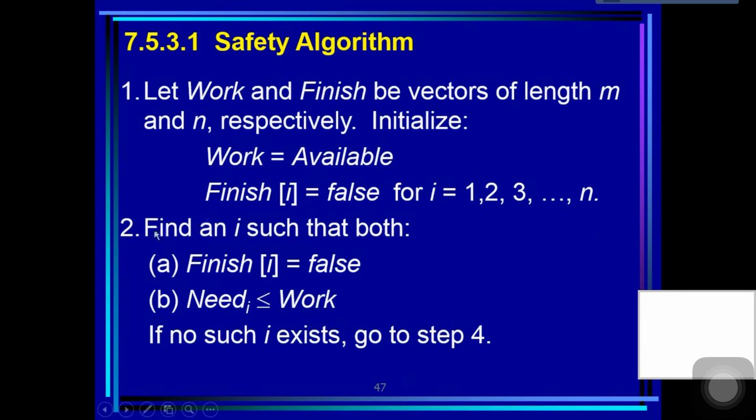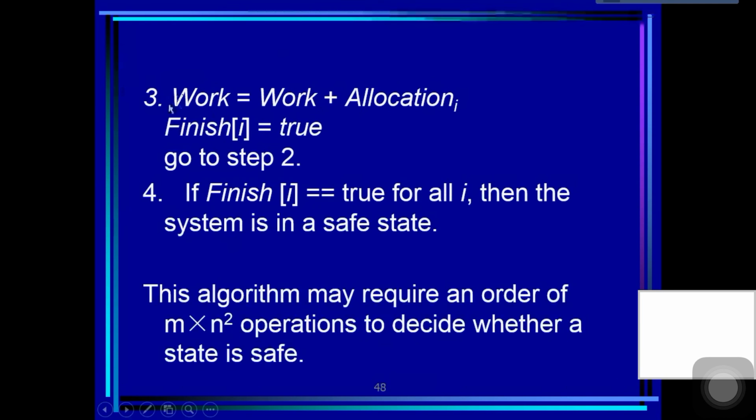And the second step of the algorithm: find an i such that both Finish[i] equals false, that is, the process hasn't finished, and its Need[i] is smaller than or equal to Work. If no such i exists, go to step 4. Then step 3, Work equals Work plus Allocation[i].